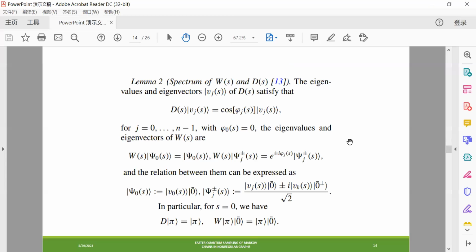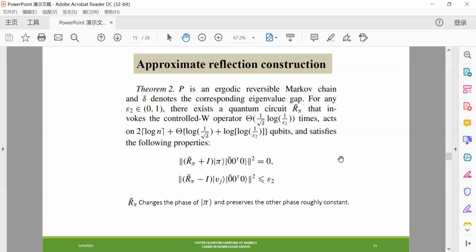Because D_s has a close relation with W_s, that is, their spectra are closely related. These are the eigenvalues and eigenvectors for D_s, and these are the eigenvalues and eigenvectors of W_s. From this, we can see they have a close relationship. And from this, we can give the approximate reflection construction.